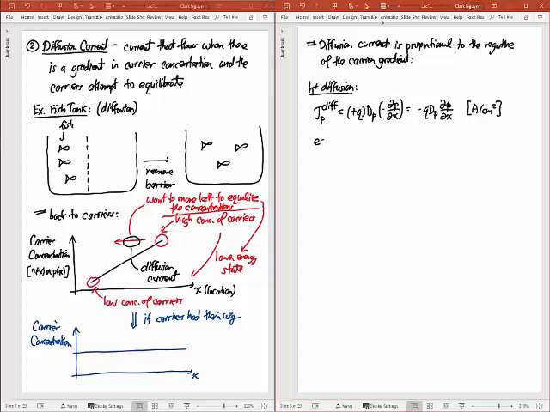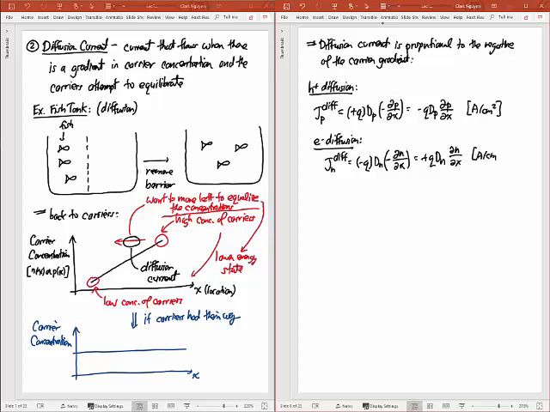And for electron diffusion, a very similar equation. So Jn diff is minus Q times d sub n times minus the derivative of n with respect to x. And so that now ends up being plus Q times d sub n, which is again a diffusivity constant that I'll define in just a second.